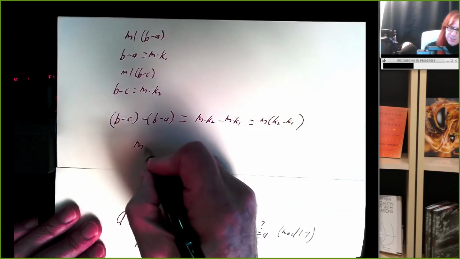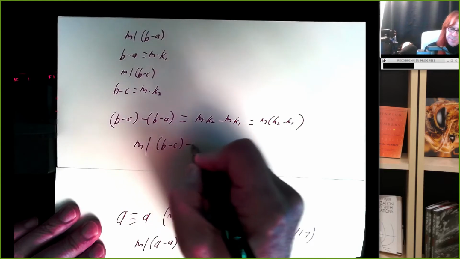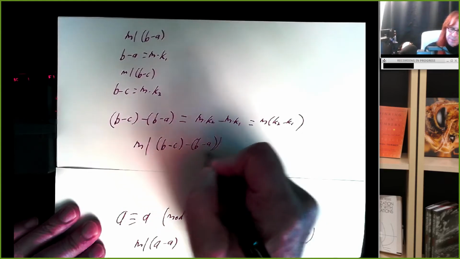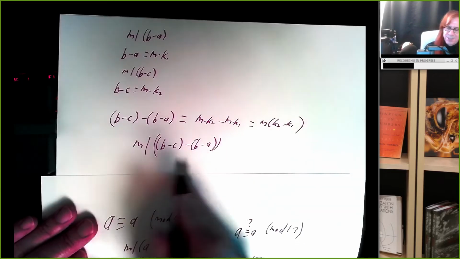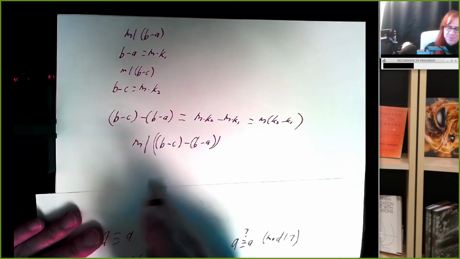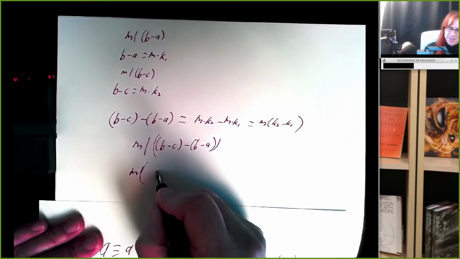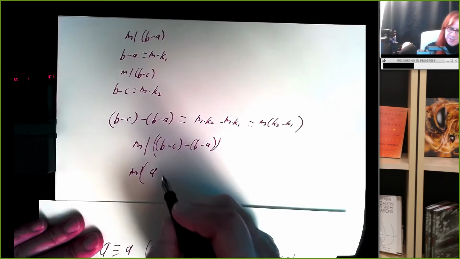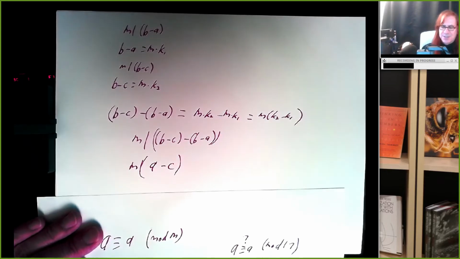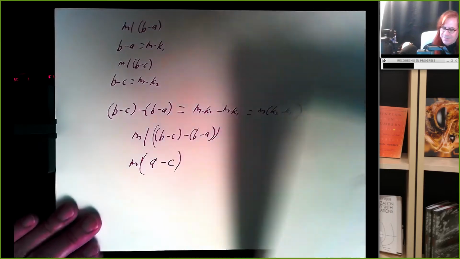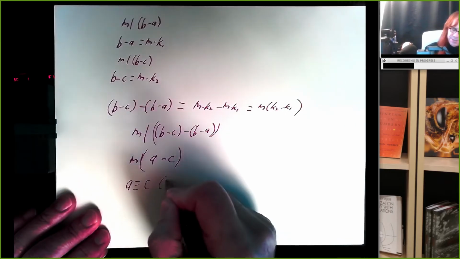So just working with the definitions, we could see that m divides this. But if you do the algebra and expand this, your b's will cancel each other, and you'll just end up with a minus c. m divides a minus c. And if m divides a minus c, then a is congruent to c modulo m.